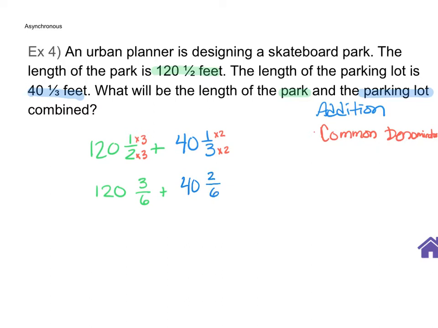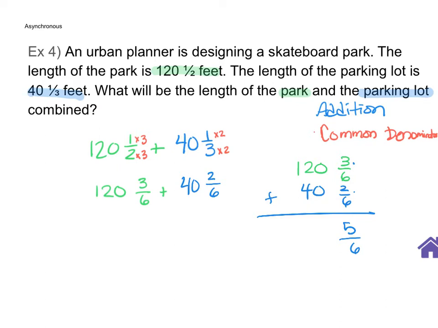Okay, now I can add my fractions together and then add my whole numbers together. So I'm actually going to line them up again. So I have 120 and 3/6 plus 40 and 2/6. So 3/6 plus 2/6 is 5/6.